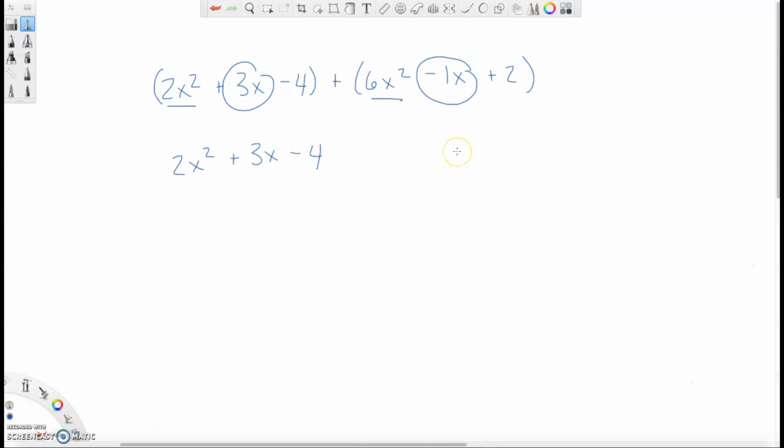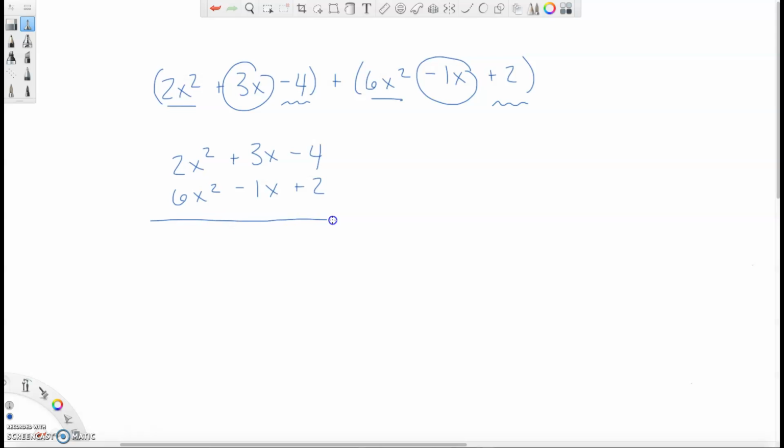The coefficients don't match, but the x does. Negative 4 matches with positive 2. So under the 2x squared goes the 6x squared, under the 3x I'm going to put the negative 1x, and under the negative 4, I'm going to put the positive 2.